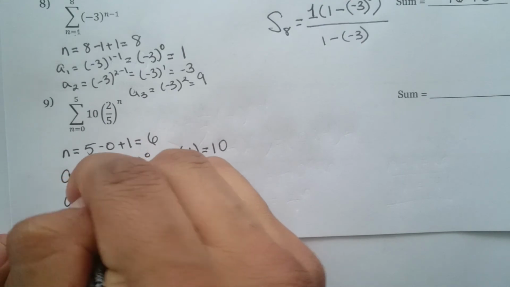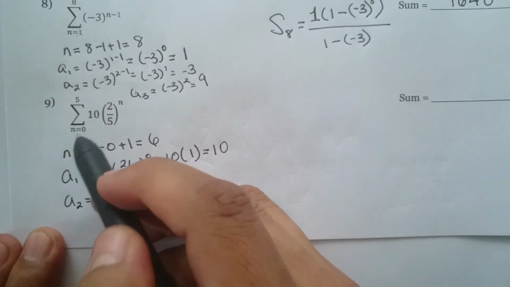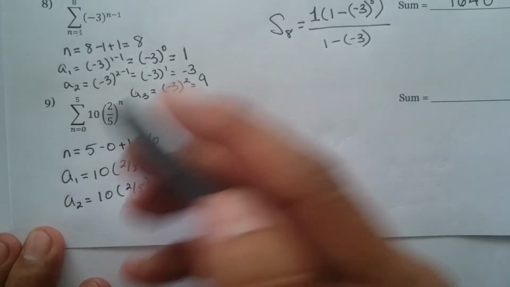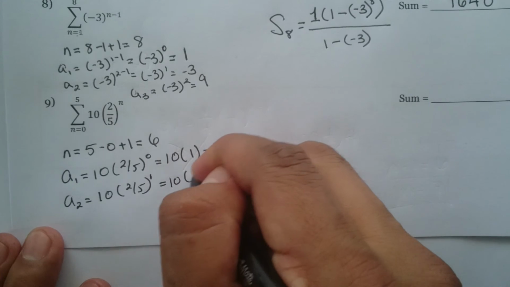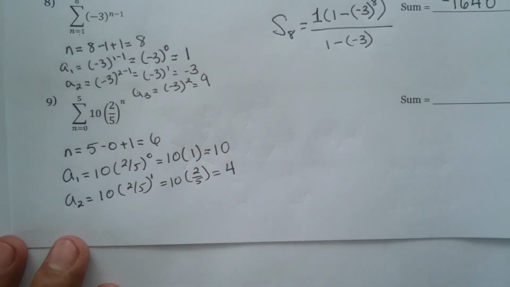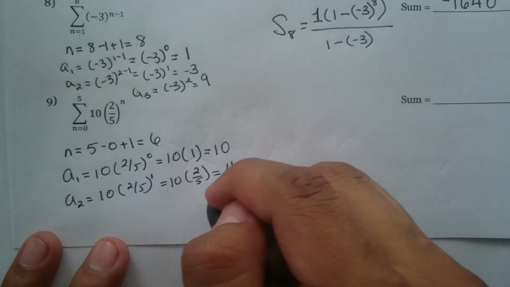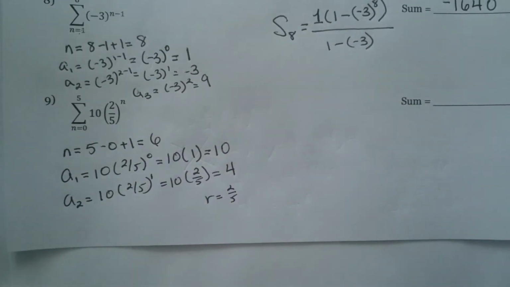Again, if you wanted to, you can plug in the next number in our sequence, which is going to be 1, which is 10 times 2/5, which will end up being 4. And then so on and so forth. So you end up finding out that your ratio is 2/5, which is inside of that.